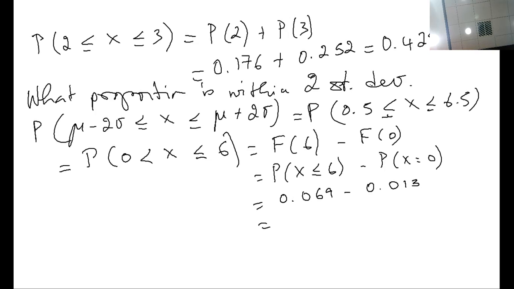We are looking for X less than or equal to 6. We should use the cumulative. I said use PDF or CDF for 0, but for X less than or equal to 6, it is 0.974.